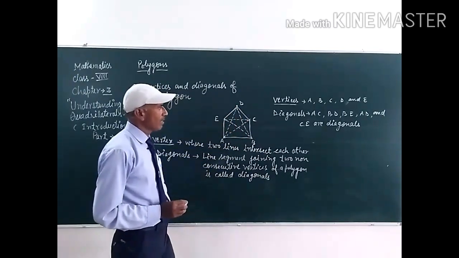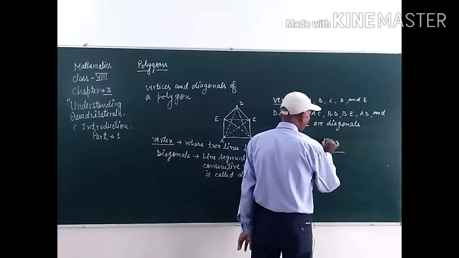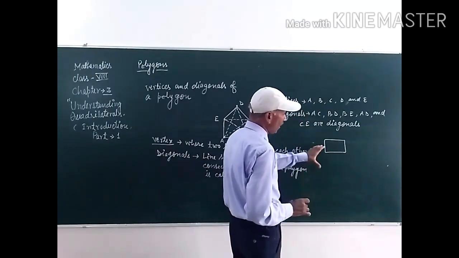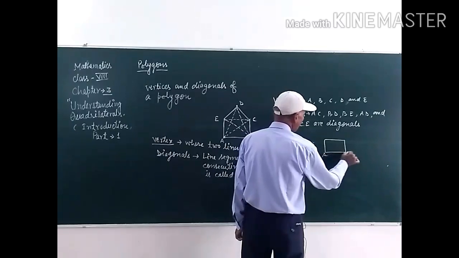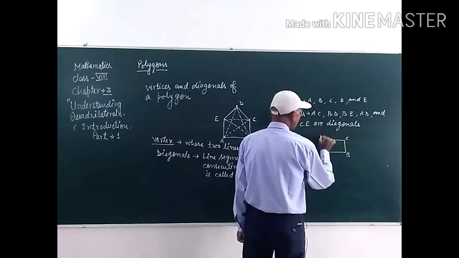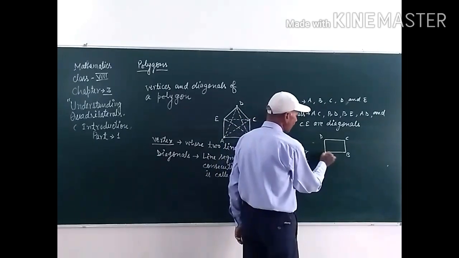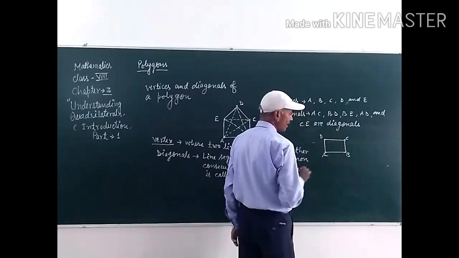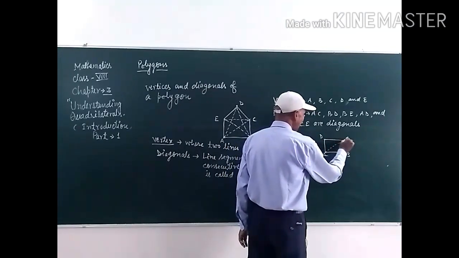Suppose we are taking a quadrilateral. This one is a four-sided polygon, known as a quadrilateral, student. So this one A, B, C, D. There are four vertices, A, B, C and D, and there are only two diagonals.